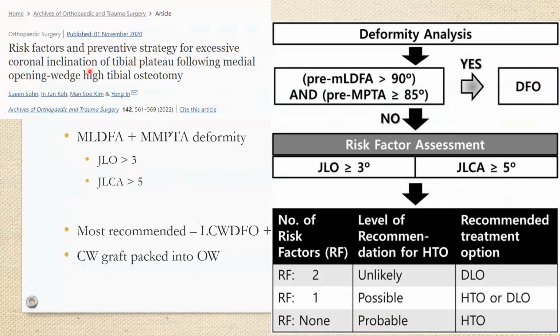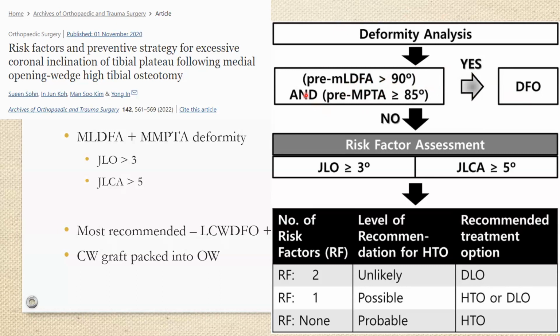This is a study published by Sohn et al. in 2020, where they analyzed 130 open high tibial osteotomies, measuring the angles preoperatively and postoperatively. They found that cases which had both an LDFA as well as an MPTA defect definitely need a distal femoral osteotomy.